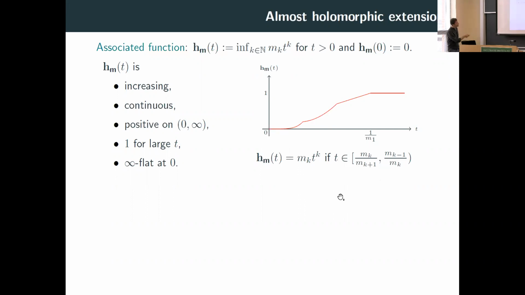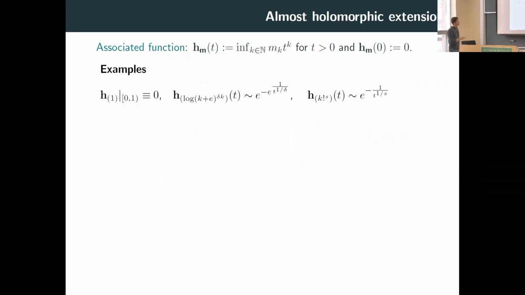By the way, these quotients are tending decreasingly to 0 as k goes to infinity. So this says that in particular the function has to be infinitely flat at 0.